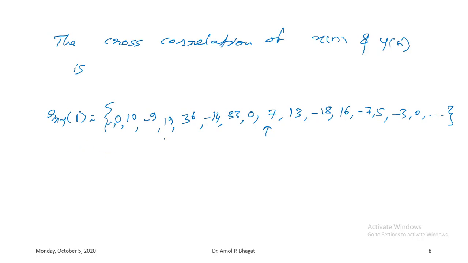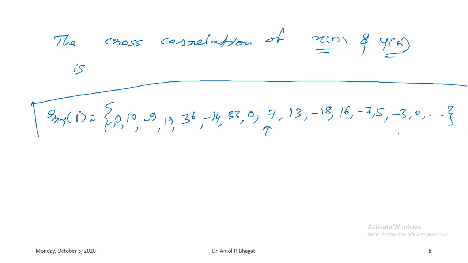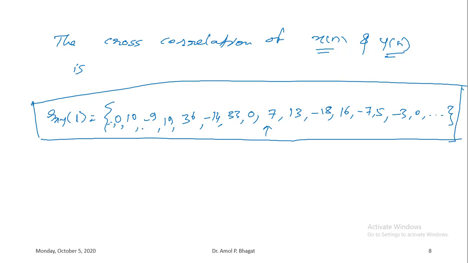So this is the required cross correlation of the given two discrete time sequences x of n and y of n. This is the required answer. Okay, that is 10, minus 9, 19, 36, minus 14, 33, 0, 7, 13, minus 18, 16, minus 7, 5, minus 3.